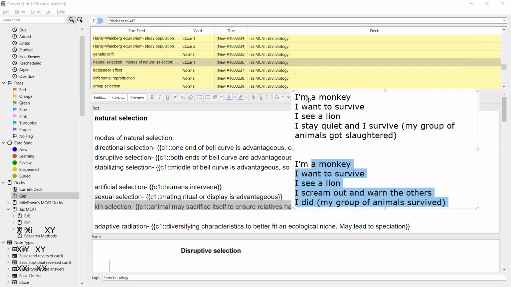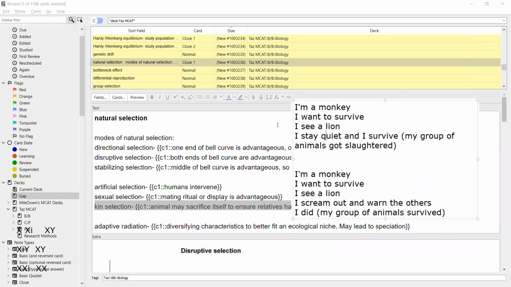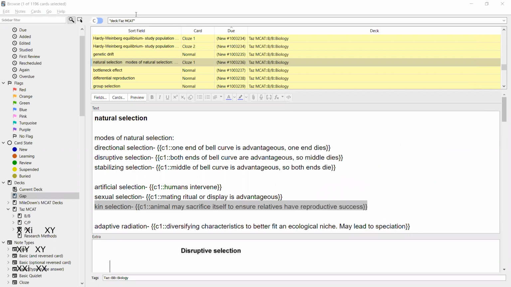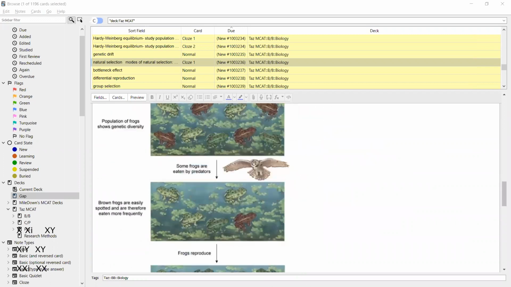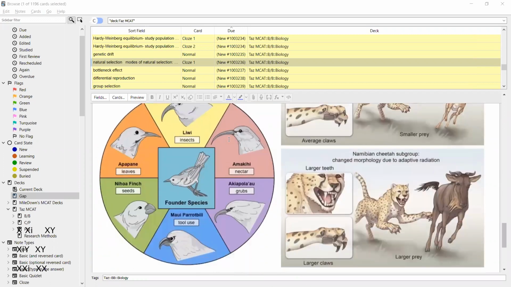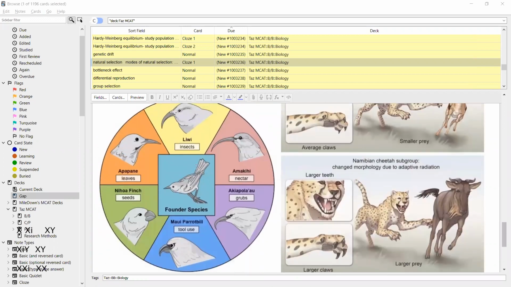Okay, so I think we're almost done with natural selection, and then we have adaptive radiation. Adaptive radiation is basically like these birds are all on the same island, and they're all very similar, but based on the kind of food that they eat, their beaks have changed, right?